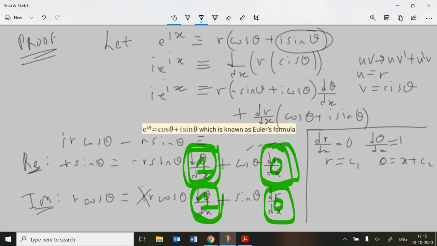To eliminate this, we could set theta equal to 0, and that will get rid of the imaginary part. Then cos of 0 is equal to 1. So theta is 0, and this gives us 1.